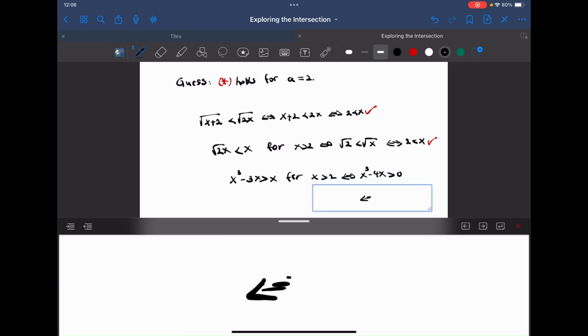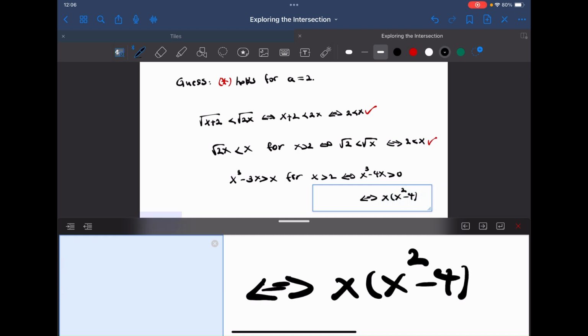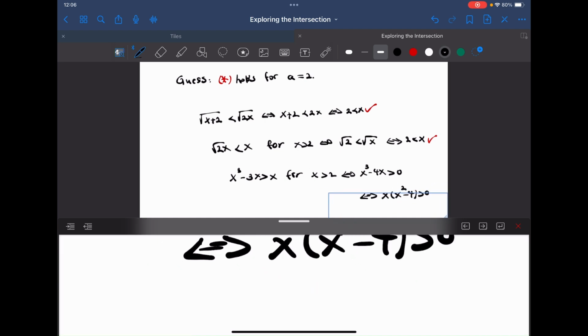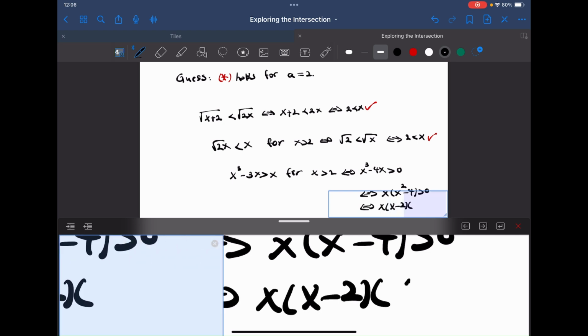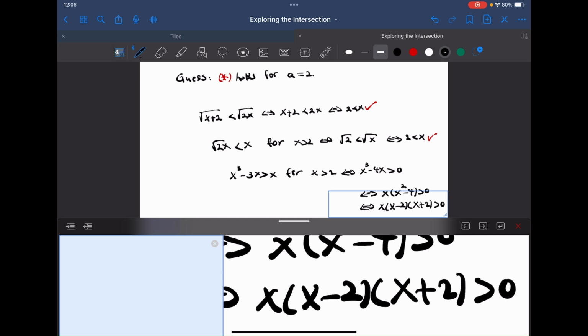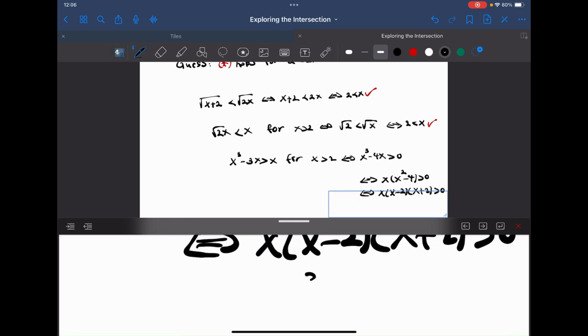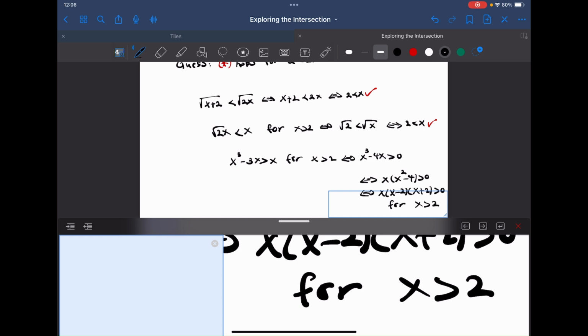And this is true if and only if x squared minus 4 is larger than 0. And this is true if and only if (x minus 2)(x plus 2) is larger than 0 for x larger than 2. And this is clearly correct, right?